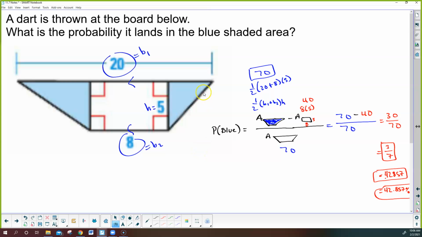Now, you do have to read carefully, because sometimes we could ask you to find the probability of hitting the white spot. Here's a quick hint. Without doing a lot more work, what's a really quick way to find the probability of hitting that white area?